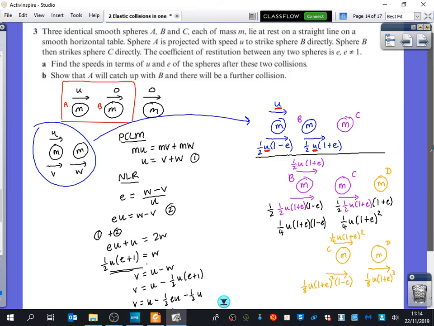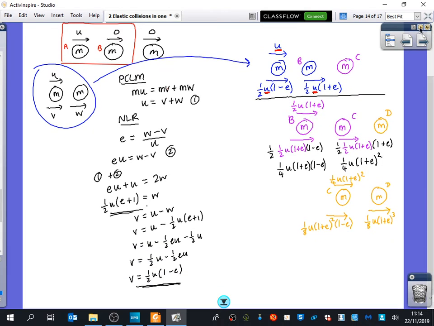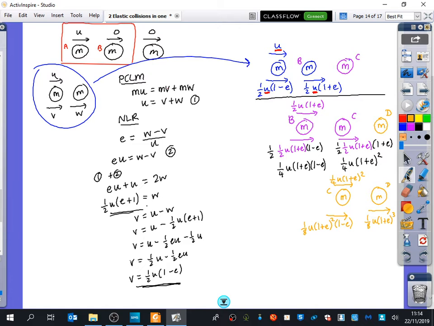So after both of the collisions, let's then say the speed of A, let's get out the orange pen for a second. What was the speed of A after the collision? After the first collision, because it doesn't change, does it? A half U, (1 minus E). That comes from this bit here.